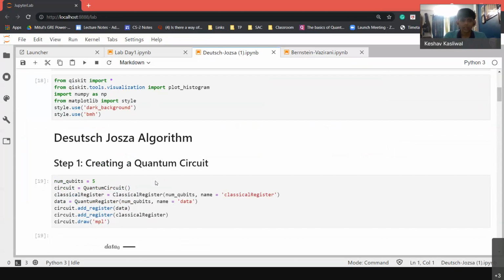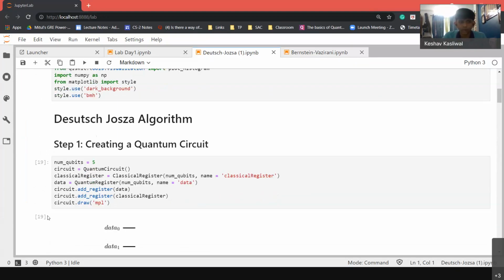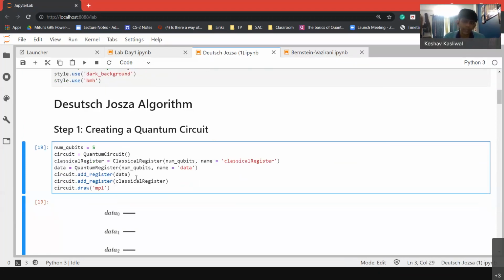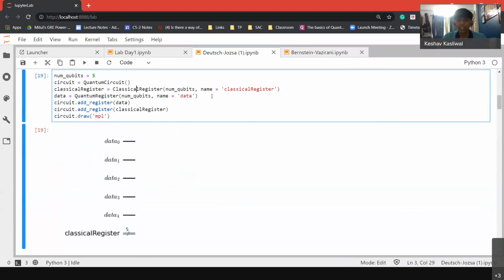The first step we do over here is we create a quantum circuit. How we create it is we declare a quantum circuit over here, and the difference between declaring there and declaring over here is we give certain names to it now. This is entirely not necessary.